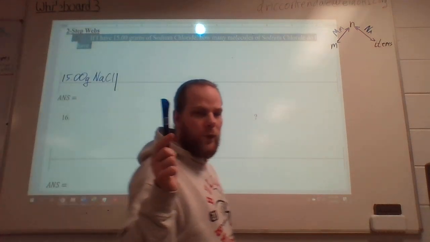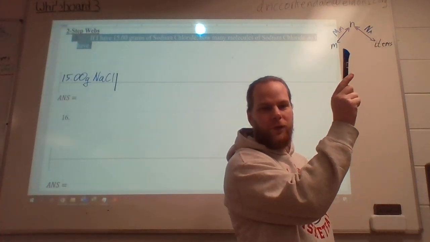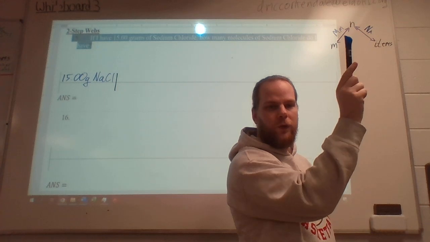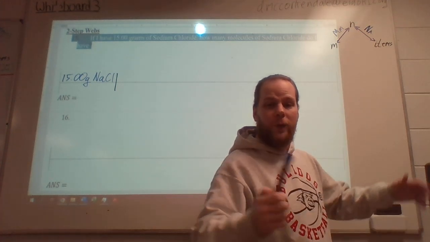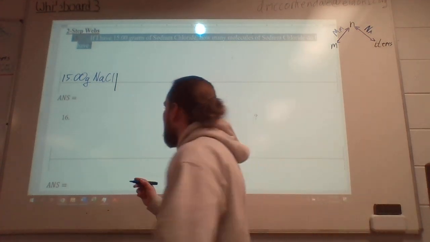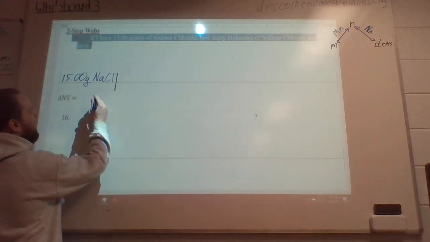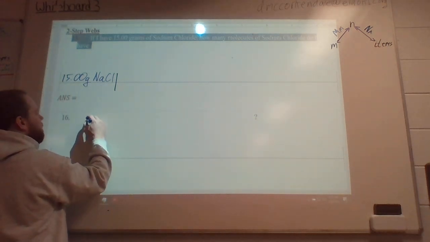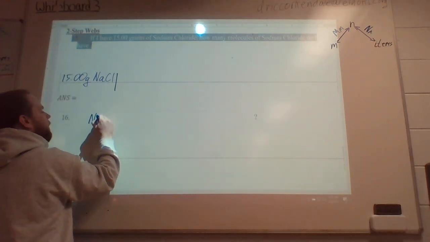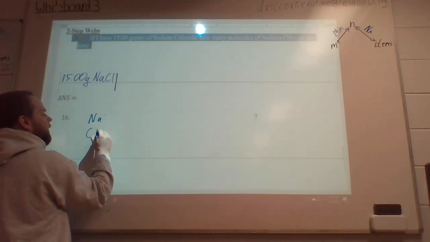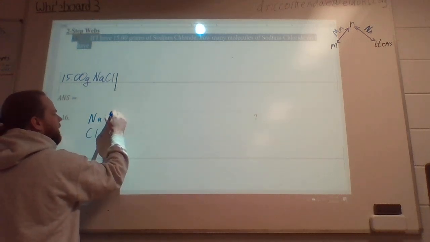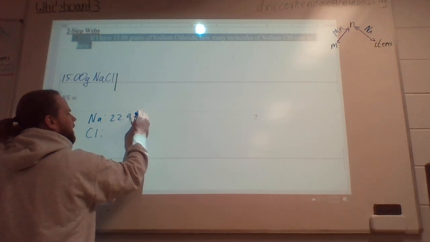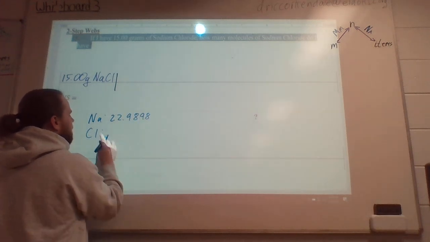And now we are at mass trying to get to moles. So we need the molar mass. So we're going to have to calculate the molar mass for this. So for molar mass, we have 1 Na and 1 Cl. So NaCl. Na is 22.9898.